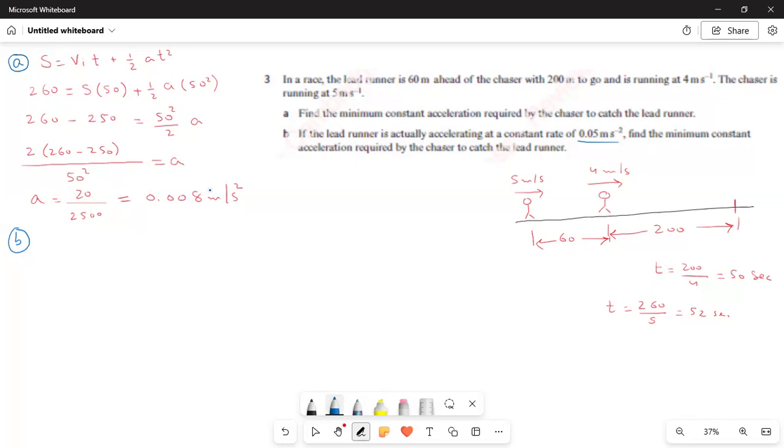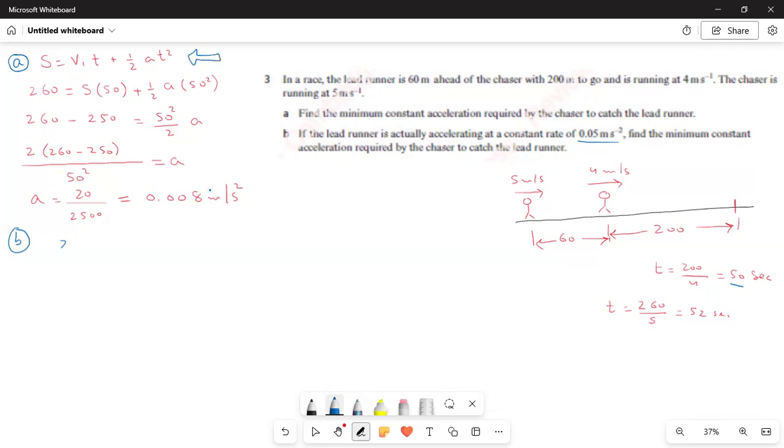So of course, now he will reach here earlier, not in 50 seconds, but a little less than that, right? So how much will he take now? For him, the distance he needs to cover, I will again use the same equation.